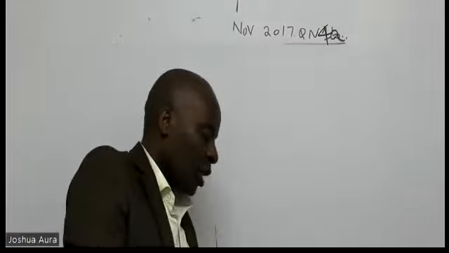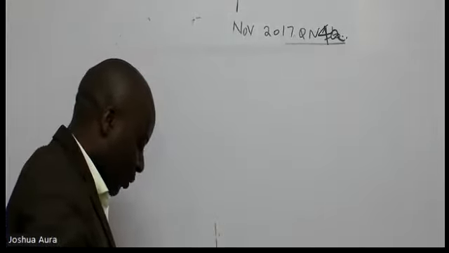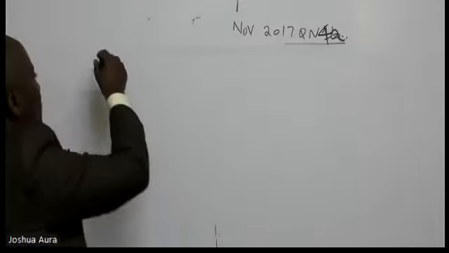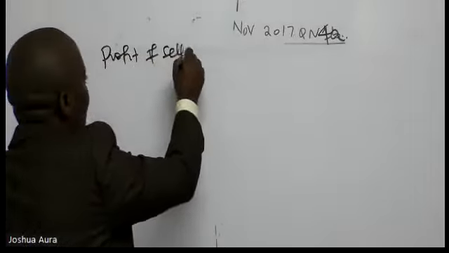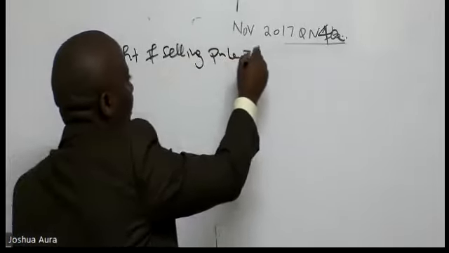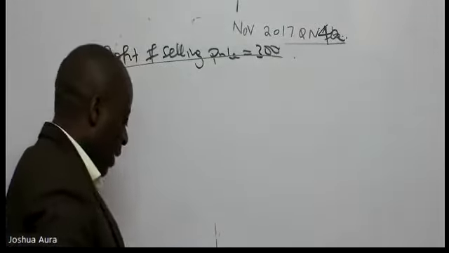So I would want us to look at, if the selling price is 300, what will be the profit we shall make? So profit, if selling price equals 300, there are 3 possibilities of volume.